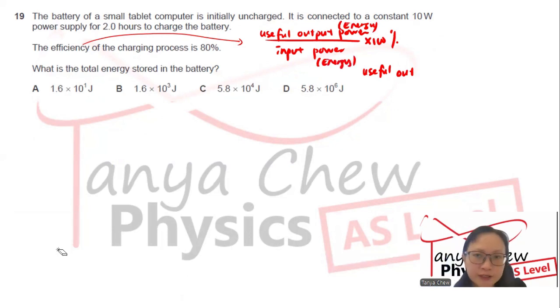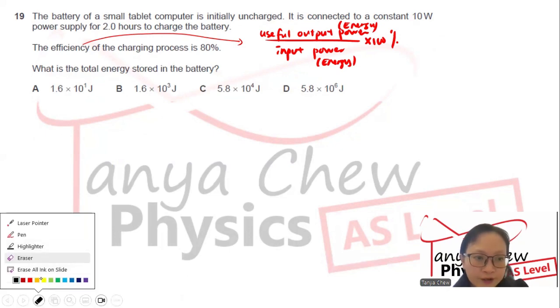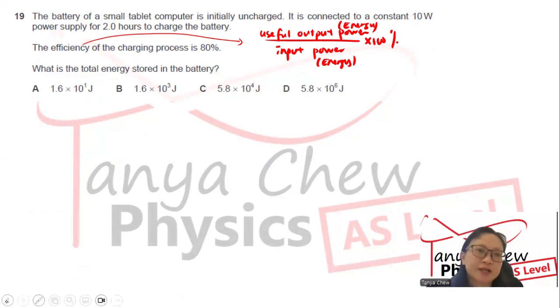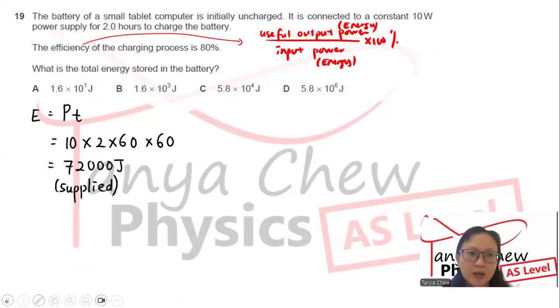Or useful output work divided by input work times 100%. That could be the equation of efficiency. I am using energy, so I need to find the energy supply because they asked me the total energy stored.